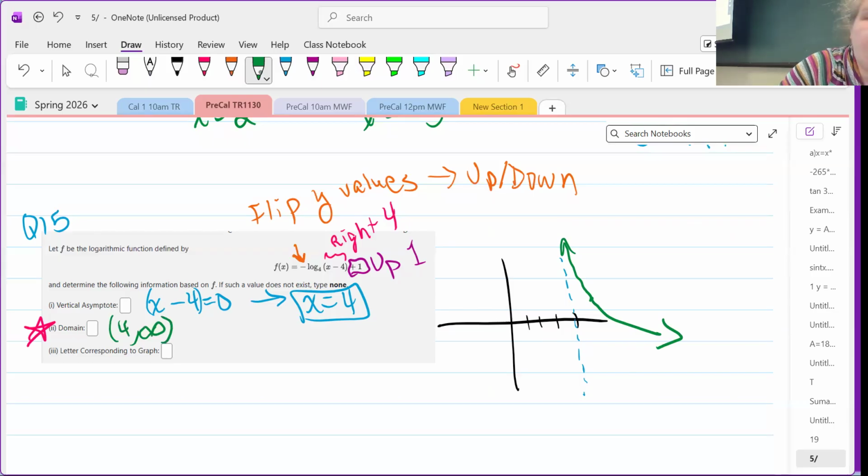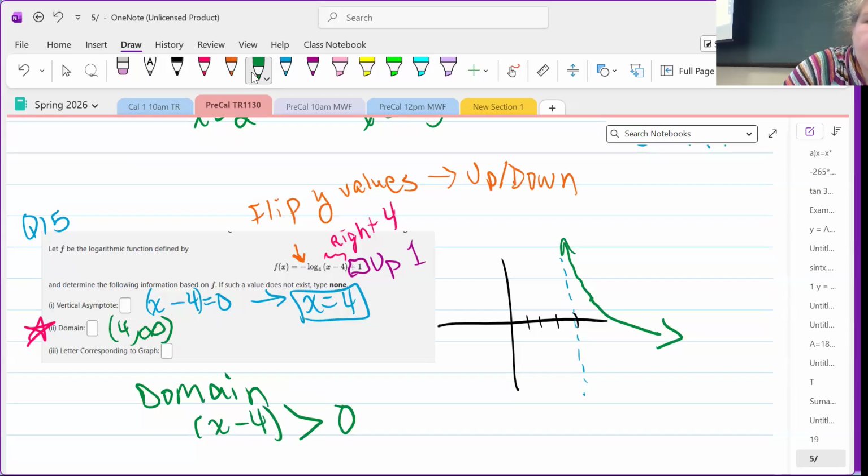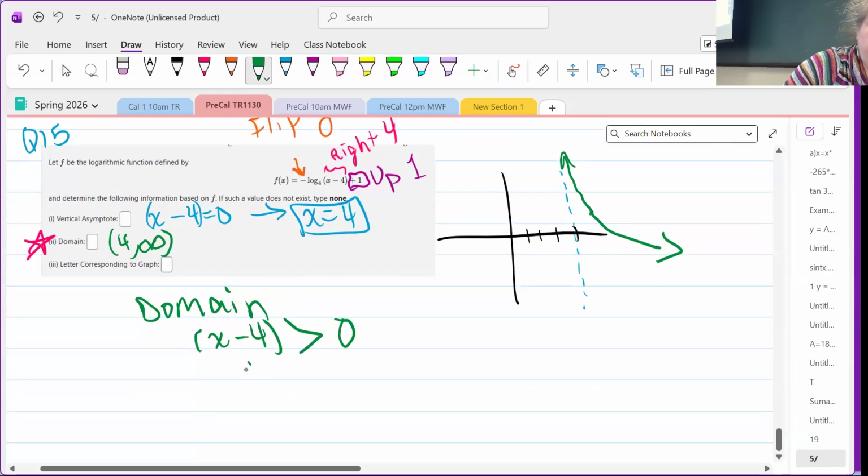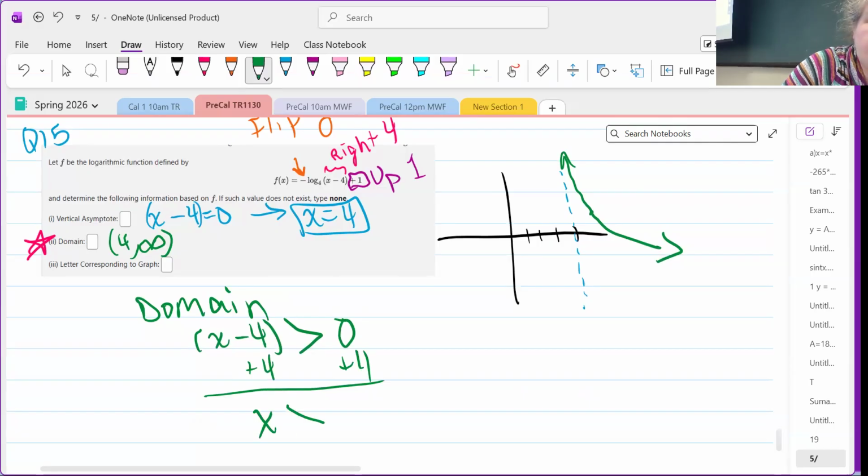But the other way we can get that is to just say whatever is inside the logarithm is strictly greater than 0. And I end up with the inequality x is greater than 4.